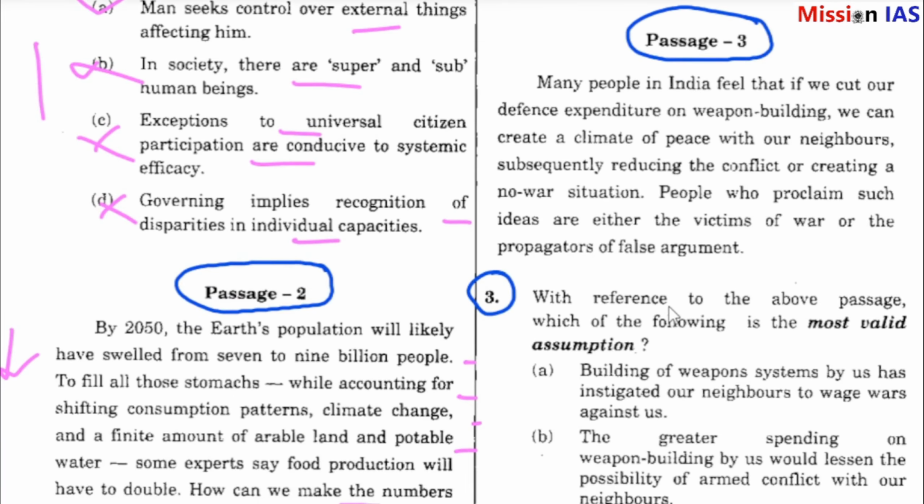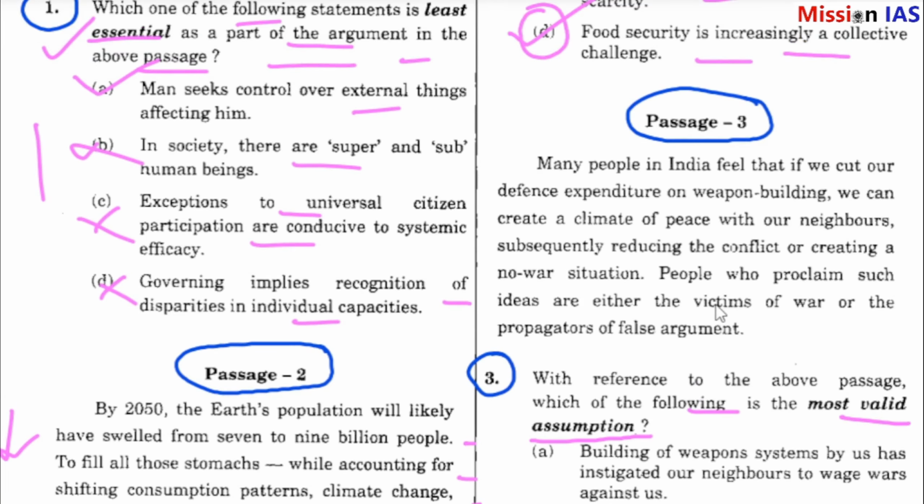Next question. With reference to the above passage, which of the following is the most valid assumption? This is an assumption based question. To find the assumption, first you need to read the passage.